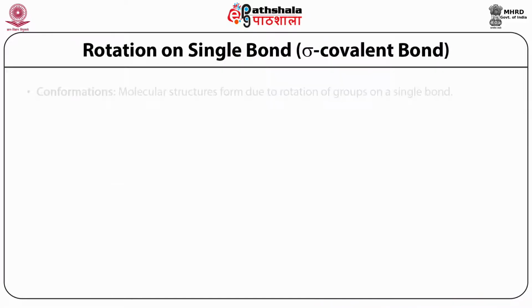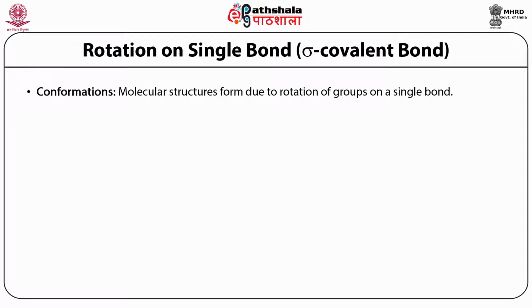So what are conformations? Different molecular structures form due to rotation on these single bonds. The groups which rotate on these single bonds cause different structural states. These structures we call conformers, and these different states we call conformations.